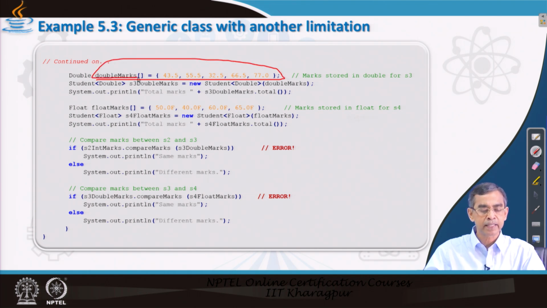It is the double marks array, and we create a collection object S3 double marks of the type student, passing this array to it. So, this S3 double marks is a collection of this one, and it will find the total. The total will be calculated using the method that is there, and you will see that this will work for you. And another is float marks, another array, of float type.